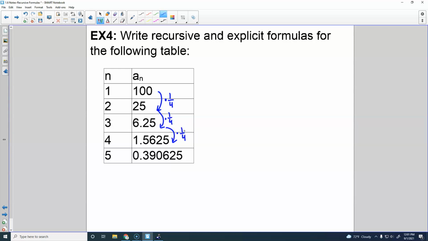You always want to do multiplying. Same thing's true if you're adding. Like subtracting is really just like adding a negative number, right? So I'm going to say a sub n equals 1/4 times a sub n minus 1. This is my recursive.